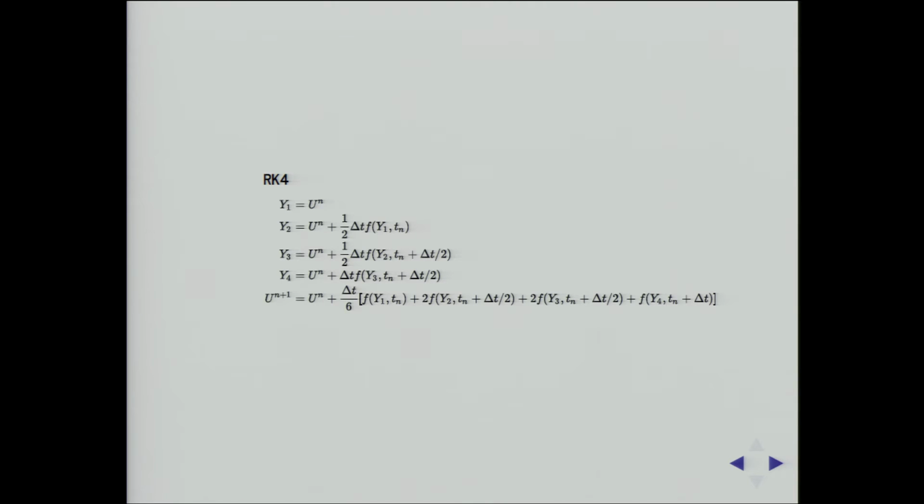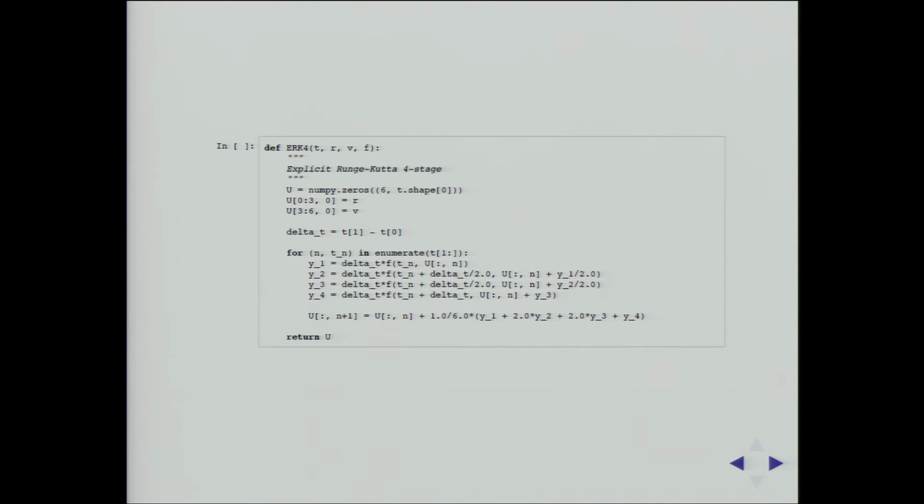This is the 4 stages and the coefficients of the linear combination for Runge-Kutta 4. This is again the implementation, where the y's here are our stages, the intermediate stages.